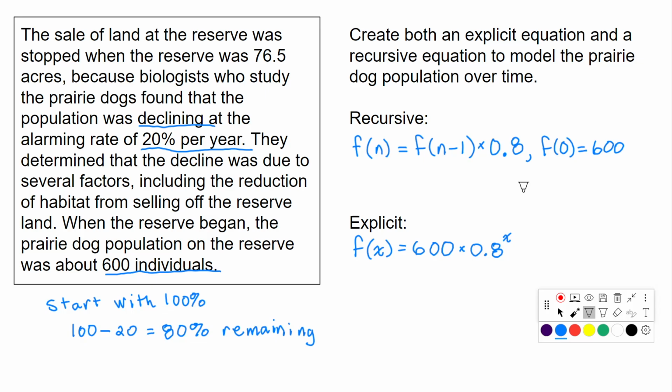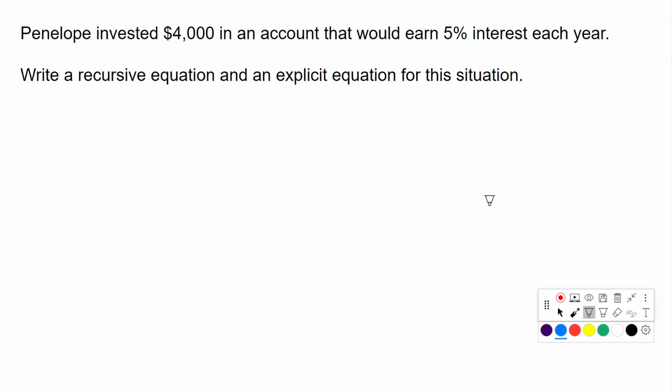Now let's look at one that has some growth. We have Penelope investing $4,000 in an account that would earn 5% interest each year. So again, we start at 100%. But now we are earning or adding 5% to that.